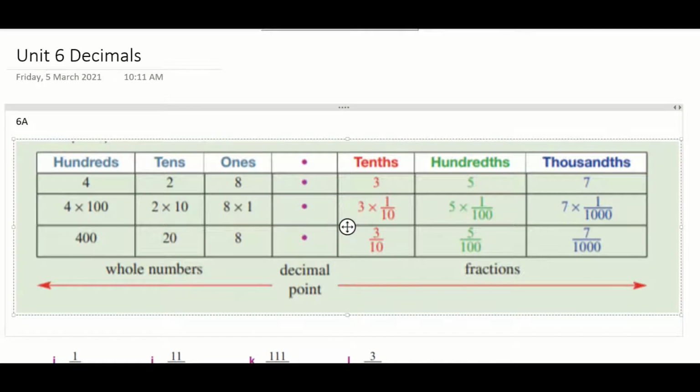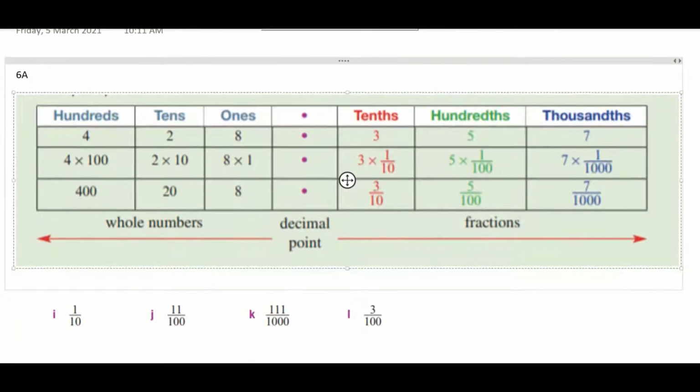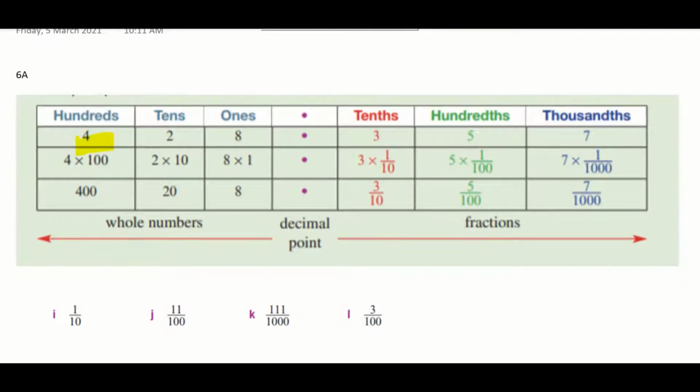So, the first thing we need to understand, it should be fairly simple, is the way the decimal point works. Before the decimal place, you should all know this: ones, tens, hundreds. 428 is 4 hundreds, 2 tens, and 8 ones. But after the decimal place, they go in the opposite direction.